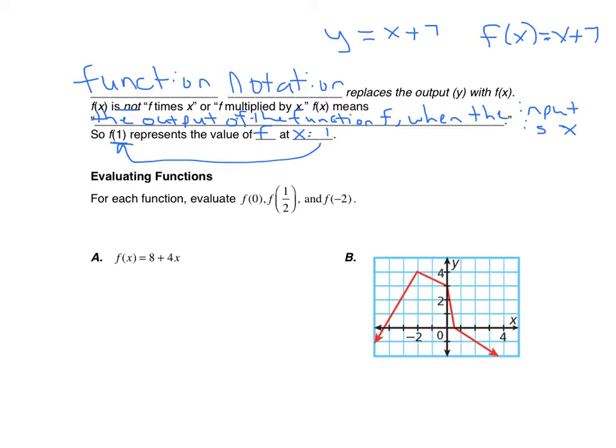So if we were looking at our original function at the top, f of x equals x plus 7, if we had f of 1, we would replace x with 1 here, and we would also replace x with 1 here. Plus 7, so then the value of the function f at an input of 1 would be 8.